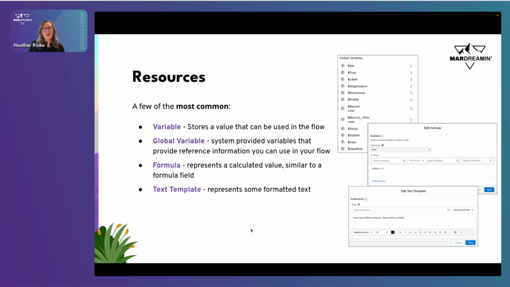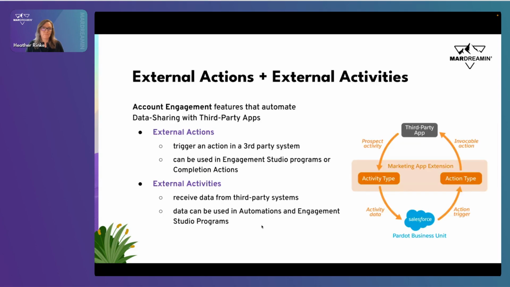That's where you can pull together a template of text that you want to use, whether that be in a task subject, description, or email body. You can use it in different places, and you can not just have static text, but you can also pull values from records that are in your flow, which can be very useful.